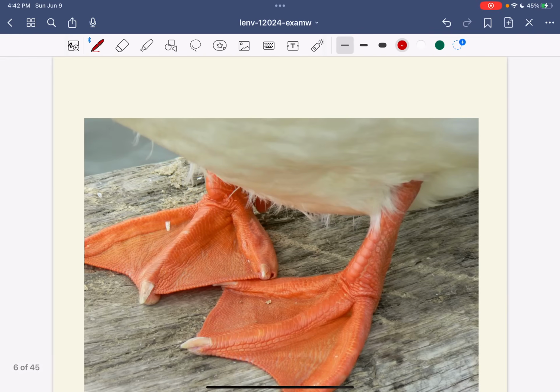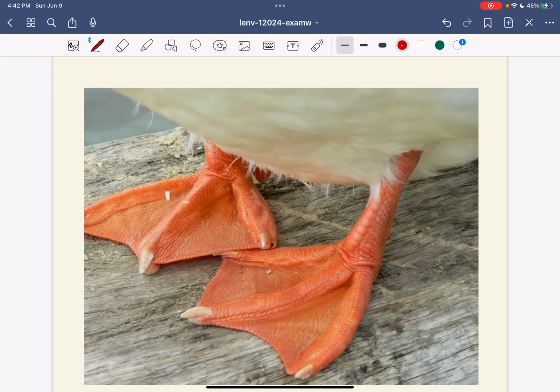Moving on. Okay, I don't find this picture particularly too cute. This is a little too close for me, but this is what's called webbed feet. So this particular bird has webbed feet. Now, it lives in a niche. It lives in an environment where this favorable characteristic is very necessary. Do you know what webbed feet is used for?